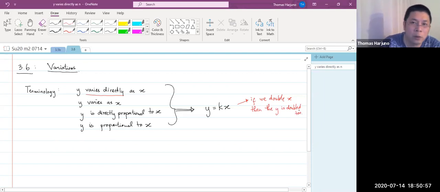If you triple one of them, then the other one also triples. That's what we mean by direct variation.